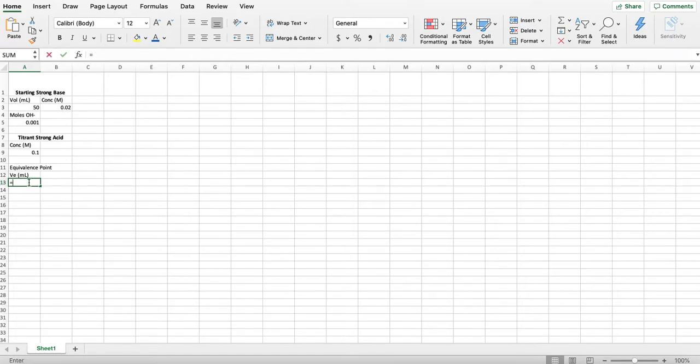So if I take moles divided by the concentration and then times 1,000, that will give me the volume of acid needed to reach the equivalence point. Okay, now we're all set up, and I'll get my headings here.